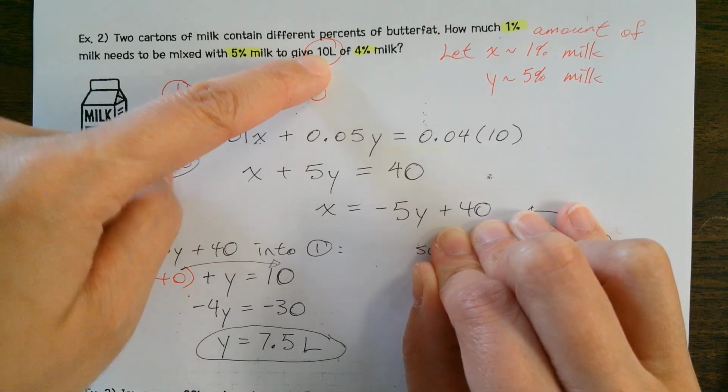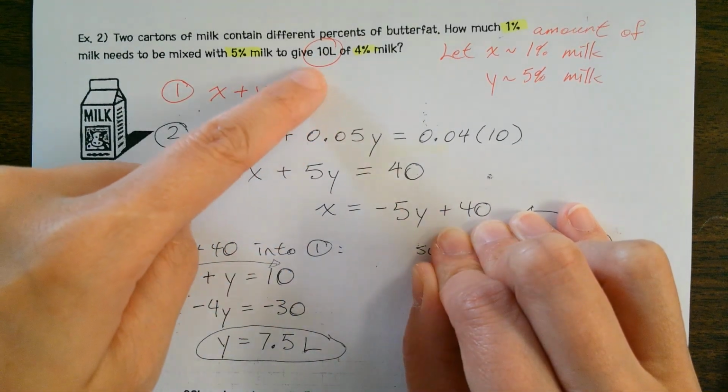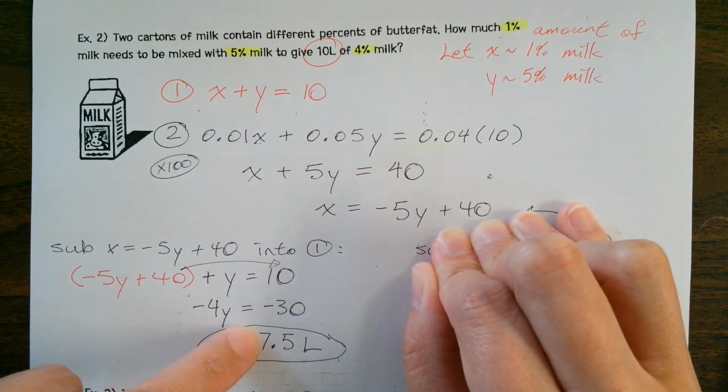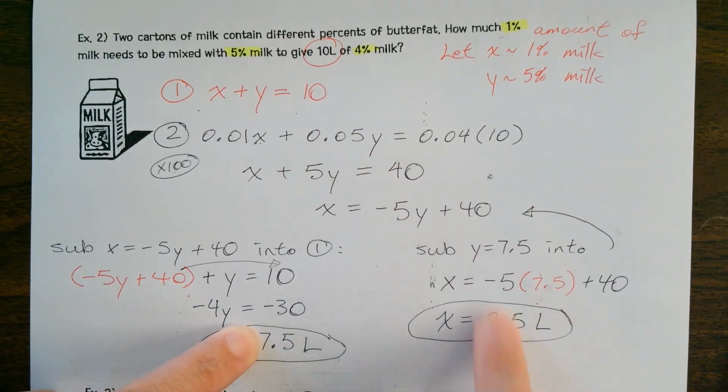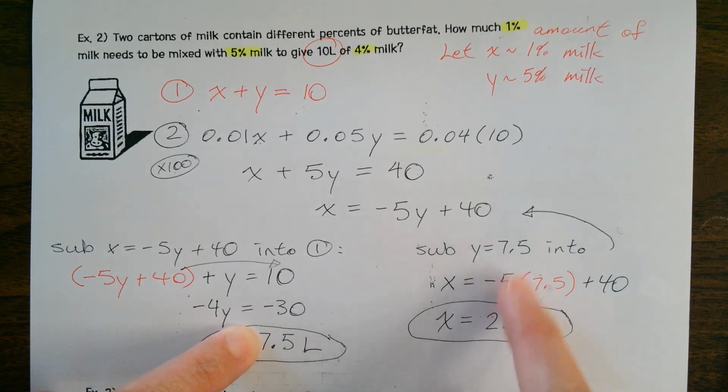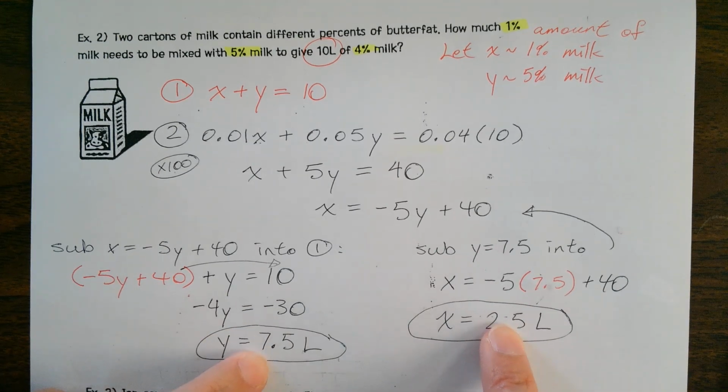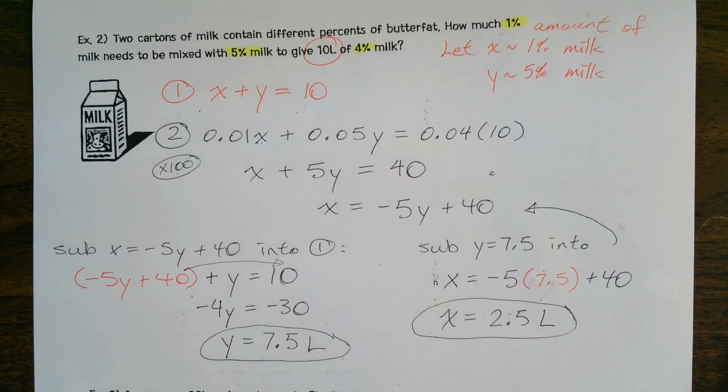You need 10 liters in total, so if your math is good, you need 2.5 liters. But this way helps you check your answer so that you know you did it correctly. They add up to 10. I feel confident about this answer.